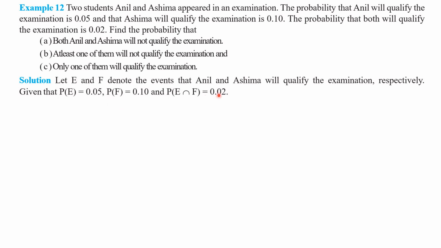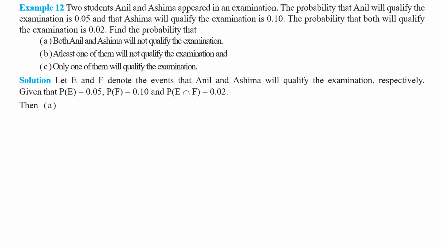Understood this step, my children? We assumed E and F are the events denoting that Anil and Ashima will qualify the examination. In the question, what is given? P of E, P of F and P of E intersection F. These are the given data. Understood this one?